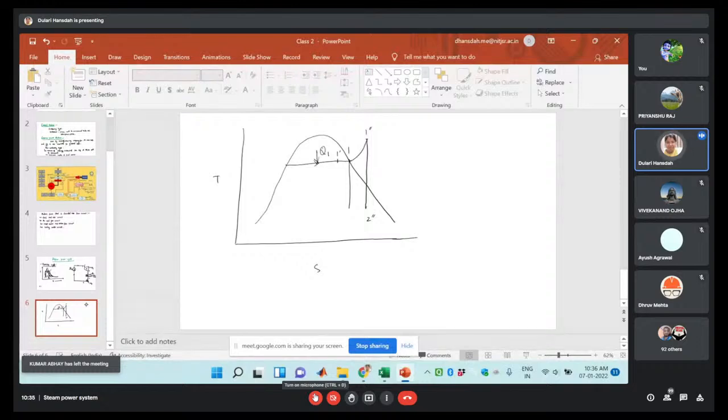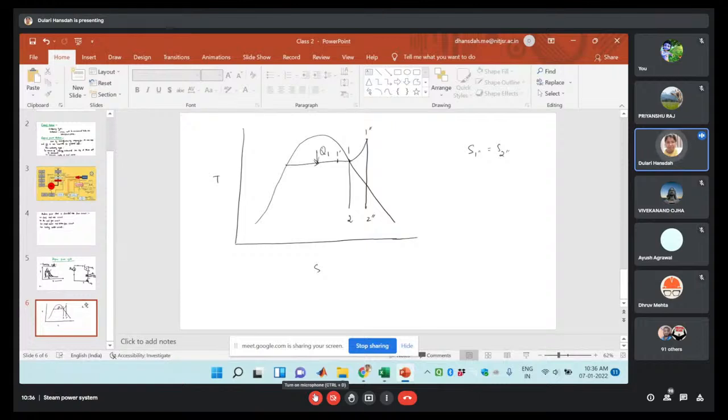That is the isentropic process, so S1 and S2 will be the same. S1 double dash is equal to S2 double dash. These are the reversible adiabatic expansion processes, done in the turbine. In this case, you will get the work output.